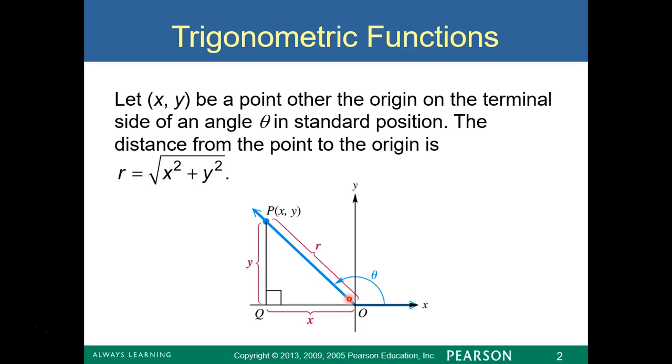So this is just how you calculate the value of r. When we go to the next page, you'll see that we'll apply these distances, also the values of x and y, to find the values of all 6 of our trig functions. So let's look at the definitions.